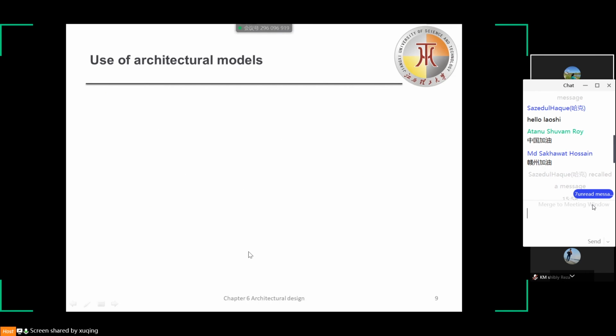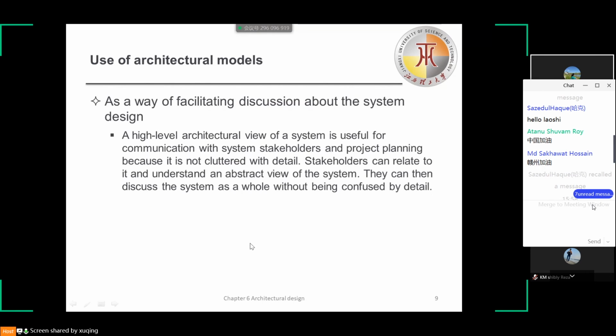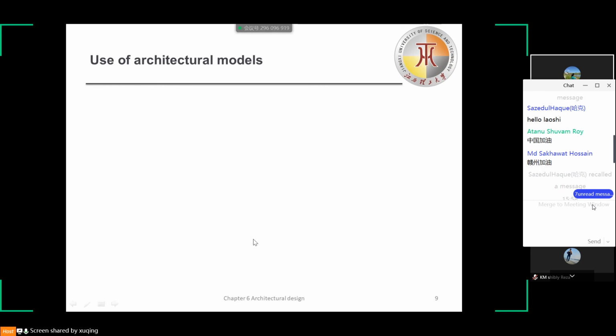Here, as we say, the apparent contradictions between practice and architectural theory arise because there are two ways in which an architectural model of a program is used. Now we'll see these two ways in which an architectural model of a program is used.